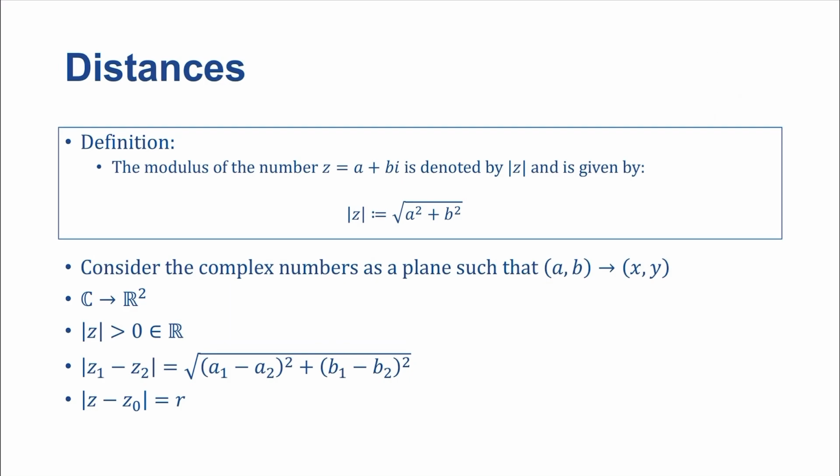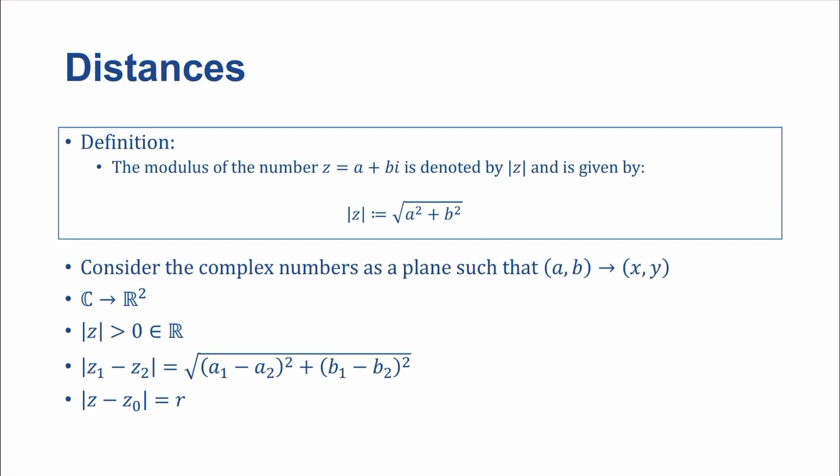We'll start off with a definition for the distance, such that the modulus, which is a new name that we have, of the complex number z equals a plus bi is denoted by z with absolute value bars around it. And this quantity is defined to be the square root of the sum of the squares of the components. This is a direct consequence of the Pythagorean theorem using the complex plane system.